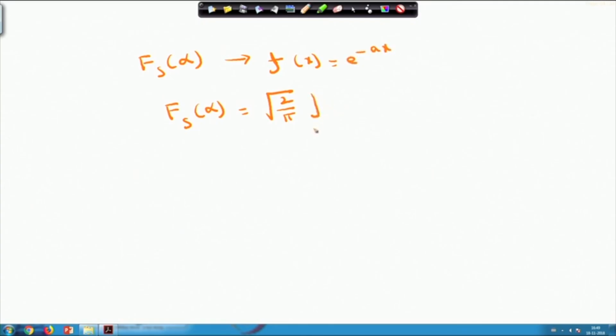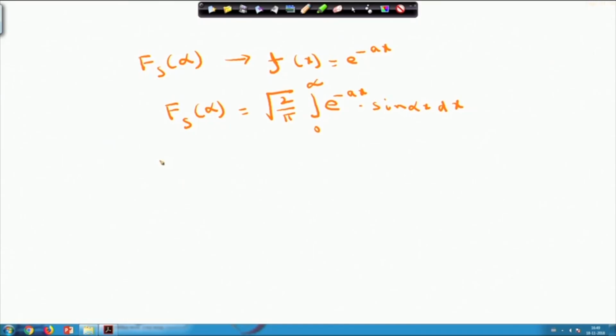So, from the formula you can write down the integral from 0 to infinity of f(x) into sin alpha x dx, because we want to find out the Fourier sine transform. So, it is the integral from 0 to infinity of e power minus a x into sin alpha x dx.